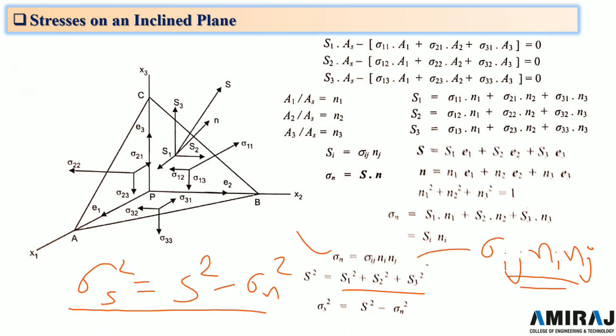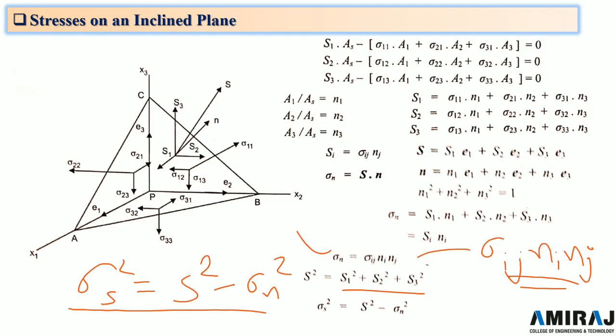If we go on changing the orientation of the inclined plane, we shall come across a set of three perpendicular planes on which the shear stresses are 0.